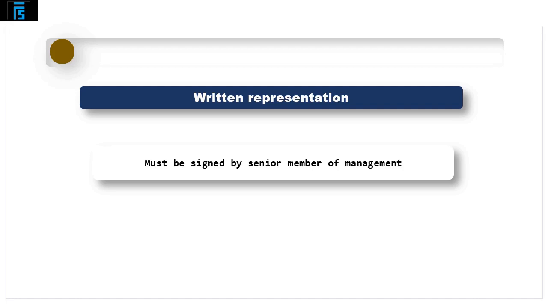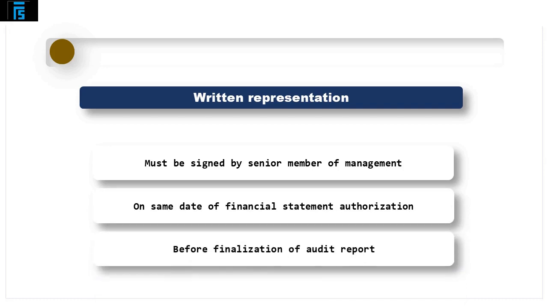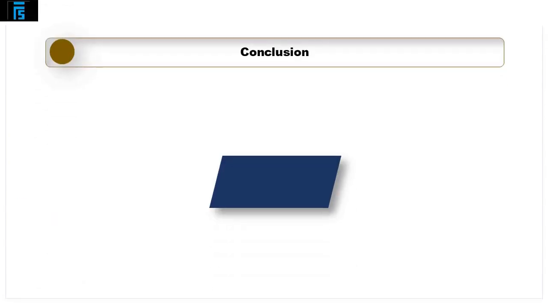The written representation must be signed on the same date that the financial statements are authorised. This should be before the audit report is finalised, as the opinion needs to take into account the content of this evidence.